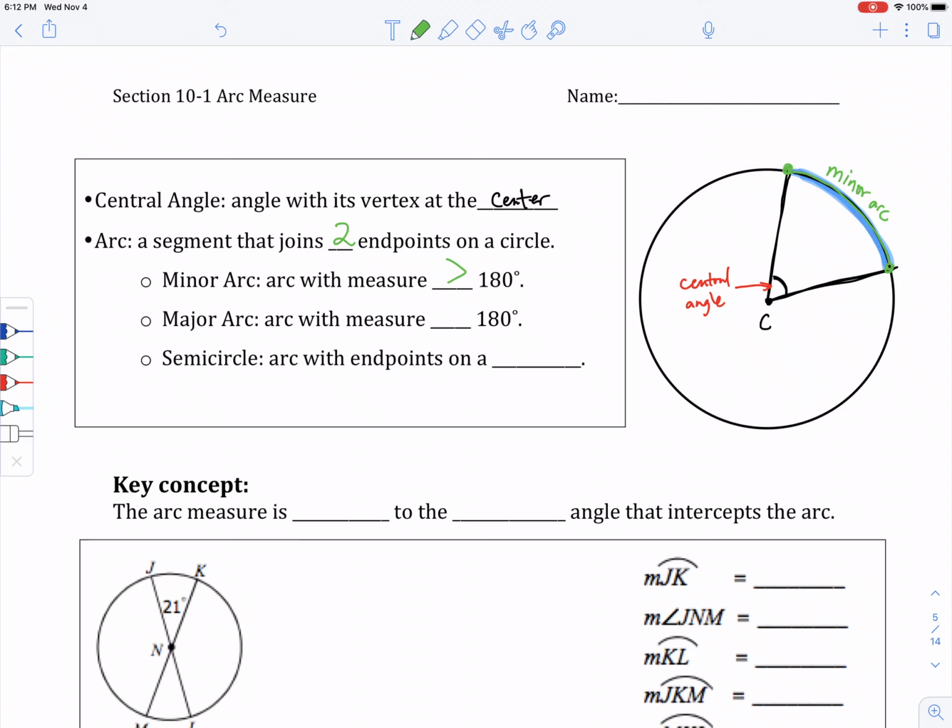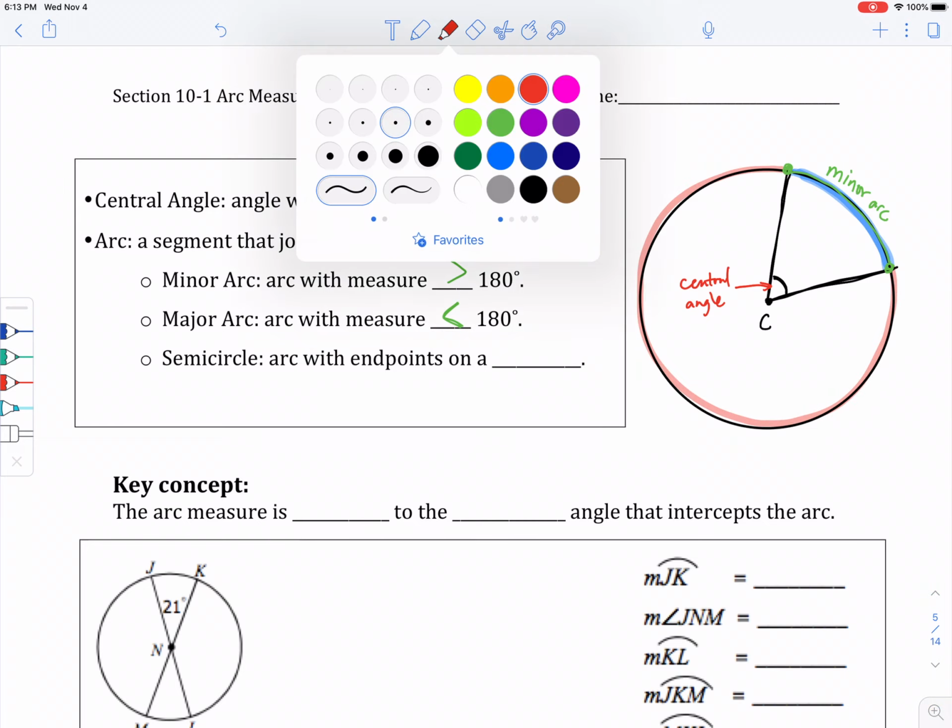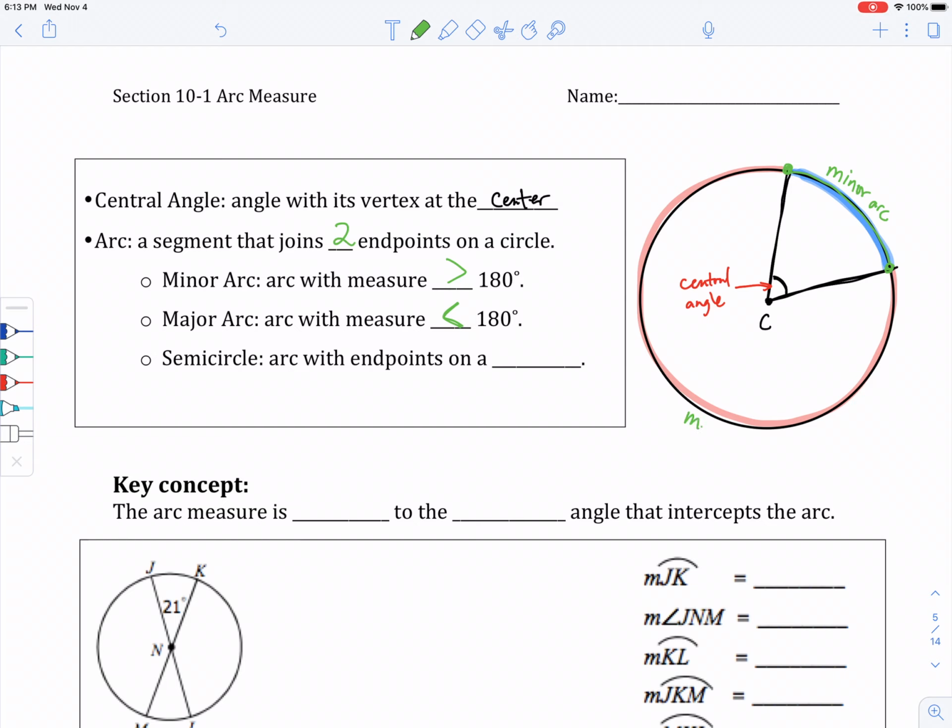If it's greater than 180 degrees, we call it a major arc. And that would be something like this here. So on the other side, this would be a major arc. All right, so I'm going to label that a major arc in red. So that would be a major arc.